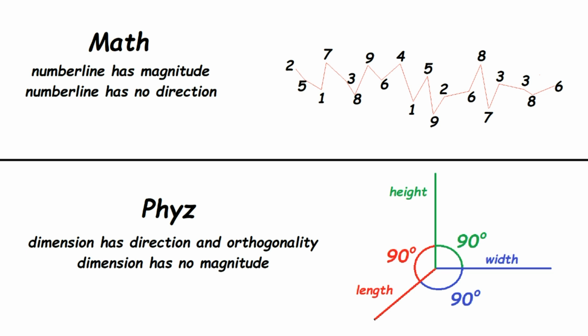A magnitude is known. And physics is exactly the opposite. It says the dimension has direction and orthogonality, 90 degrees. That's one of the features of dimensions. And what they don't have is magnitude. There is no magnitude with these things. Now you might say, hey, you put a 90 there. Is that a number?